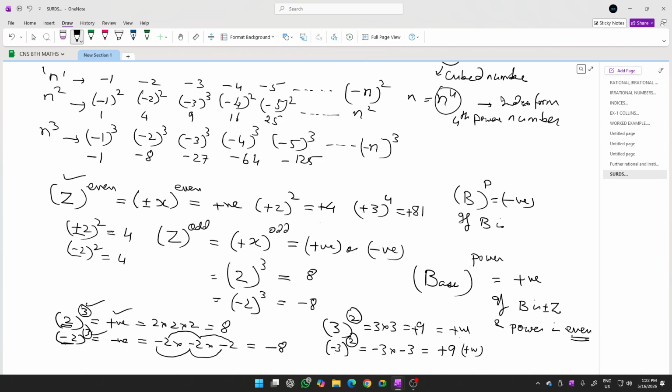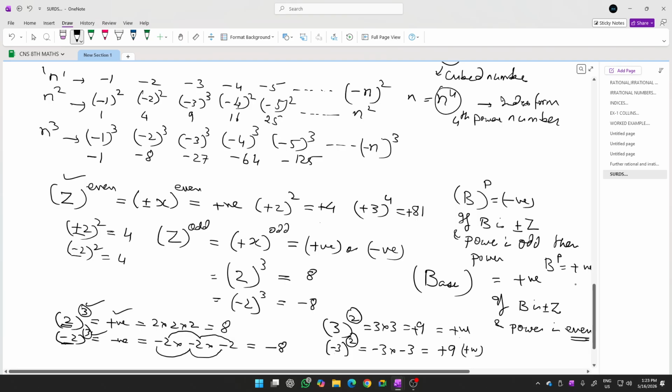Now if the base is an integer, plus or minus, and the power is odd, then what will happen? The outcome b raised to p will be positive if the integer is positive, and this will be negative if b is negative.